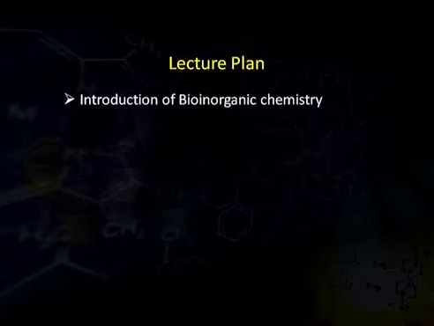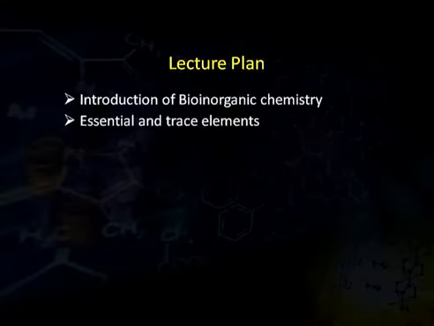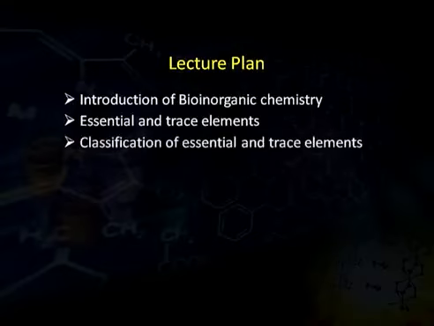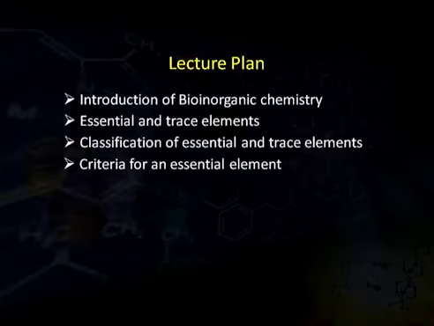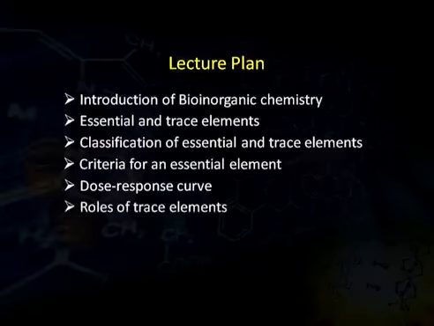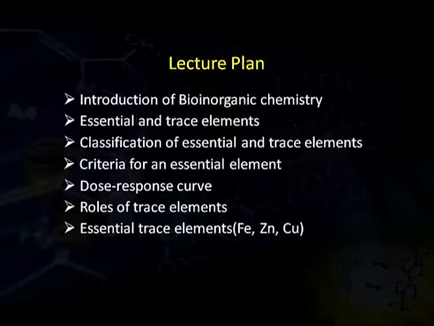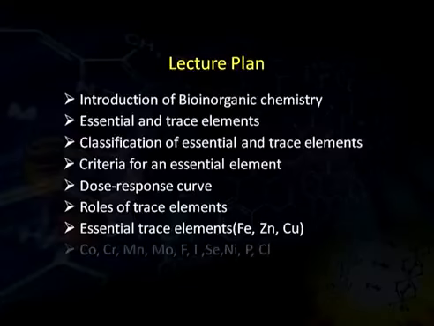First of all, we will be introducing the bioinorganic chemistry. Then we will take up the essential and the trace elements, their classification and the criteria which decides whether a particular element is essential or not, the dose response curve and roles of the trace elements, and in the end we will be discussing the essential trace elements which include iron, zinc, copper in detail.